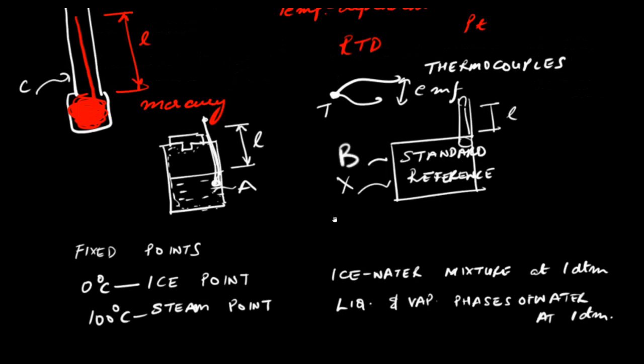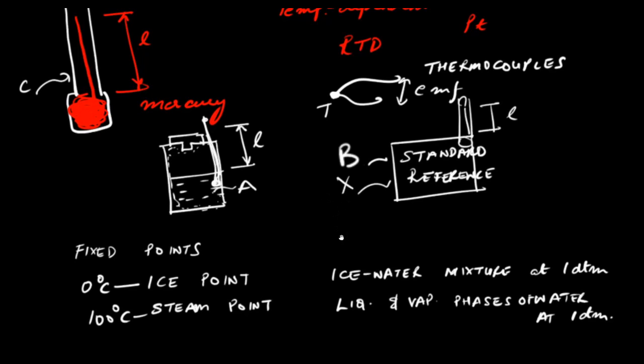In practice, you cannot have this reference state be at all values of temperature that one may anticipate. So you will have only a few of these standard reference states, and if you get any different length in between the lengths that correspond to these fixed points, then you can interpolate to find the temperature.